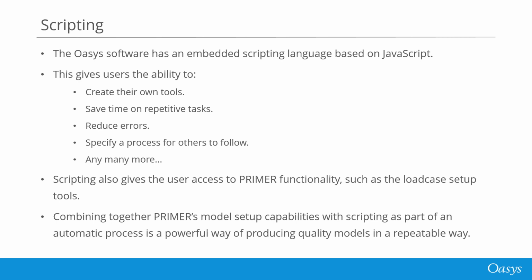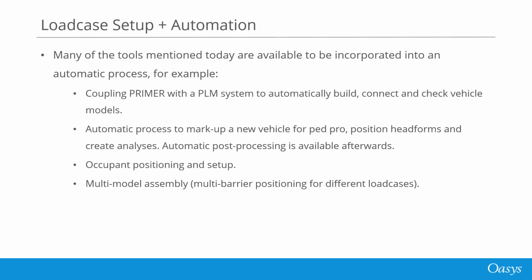And it gives you access to Primer functionality, such as the Loadcase setup tools. And so combining together Primer's model setup capabilities with scripting as part of an automatic process is a powerful way of producing quality models in a repeatable way. So many of the tools mentioned today are available to be incorporated into an automatic process.